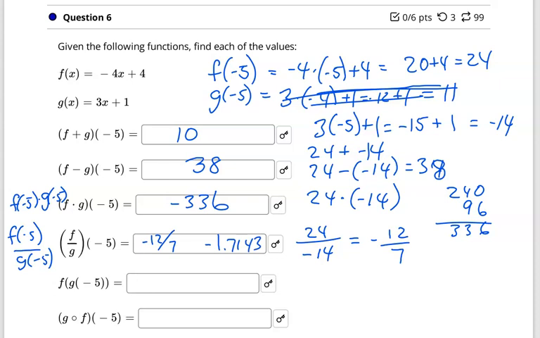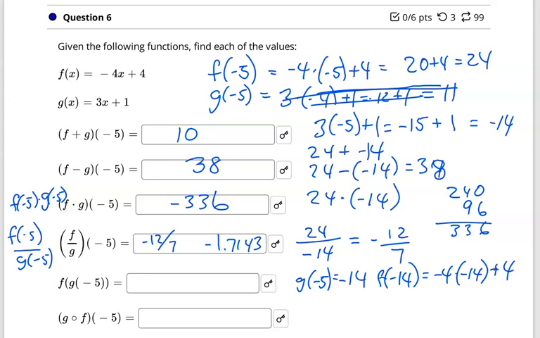Now, I know g of negative 5, but I have to find f of g of negative 5. So g of negative 5, we know, is negative 14. So I need to find f of negative 14. Well, that means f at negative 14 is equal to negative 4 times negative 14 plus 4.